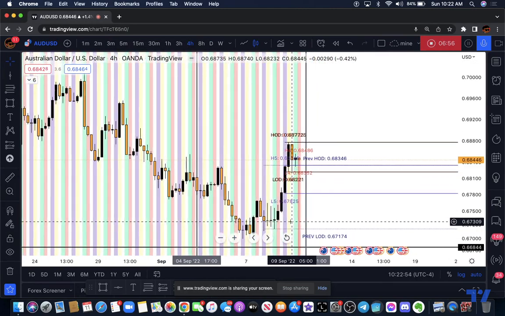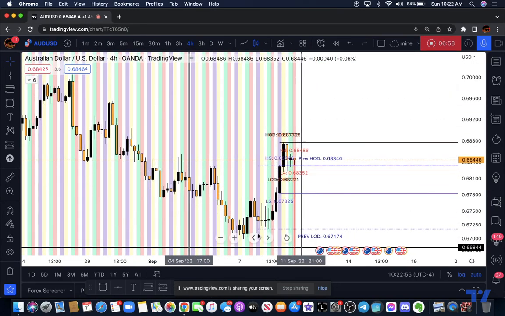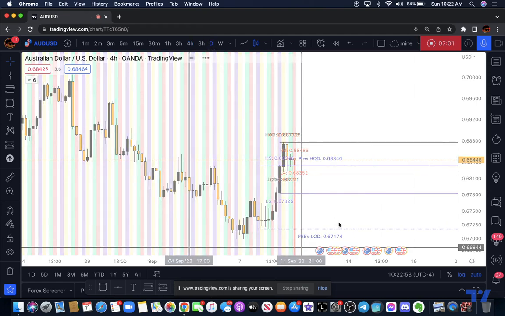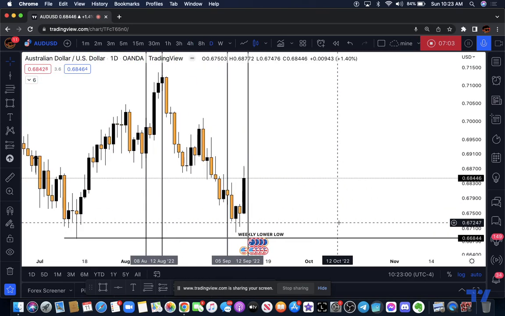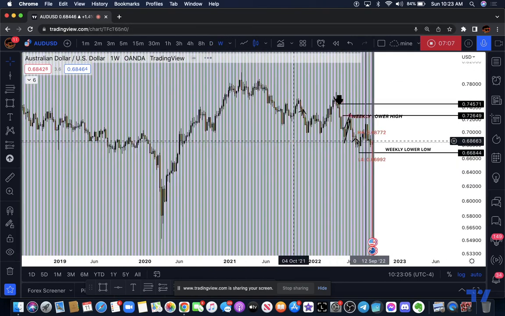What happened? We have a bullish market flow switch from bearish market flow to bullish market flow. Right. Daily structure is bearish. Weekly structure is bearish as well.